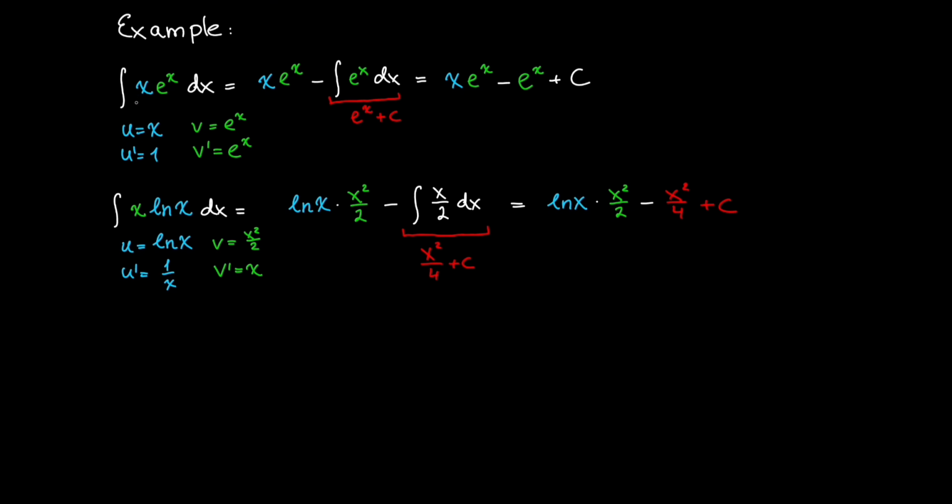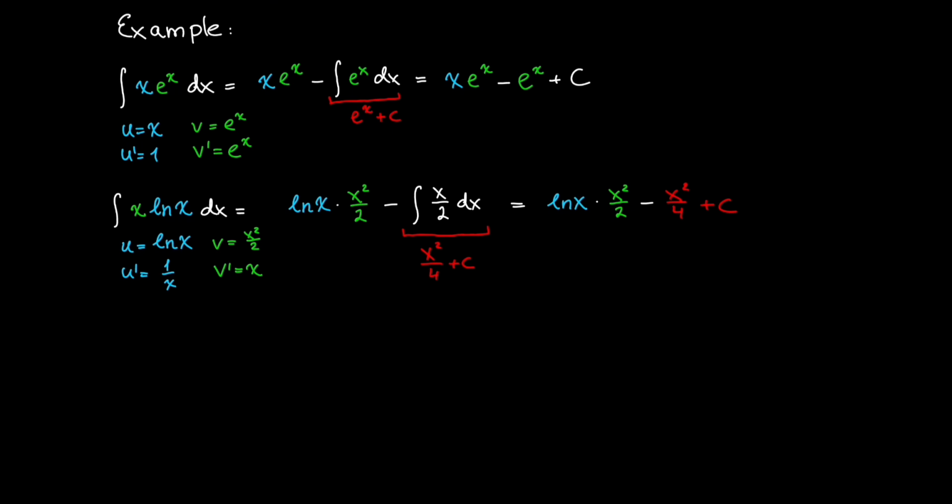Well, x to the power of 1 technically is still a polynomial, but if you have a more complex one, you would still set u as your polynomial since its derivative is easier to compute. And the second reason is that the derivative or the integral of e to the power of x never changes, so it will make your life much easier.